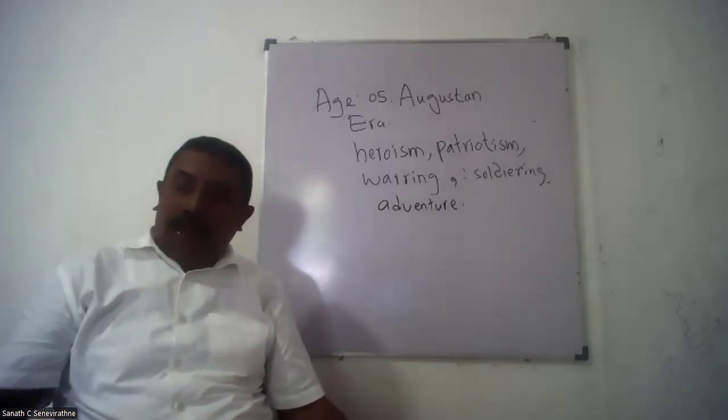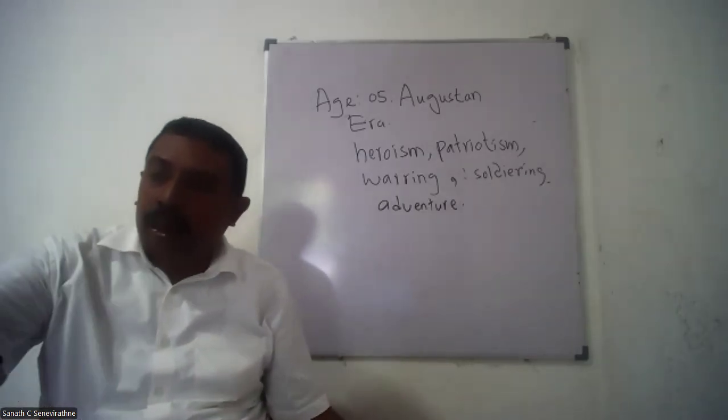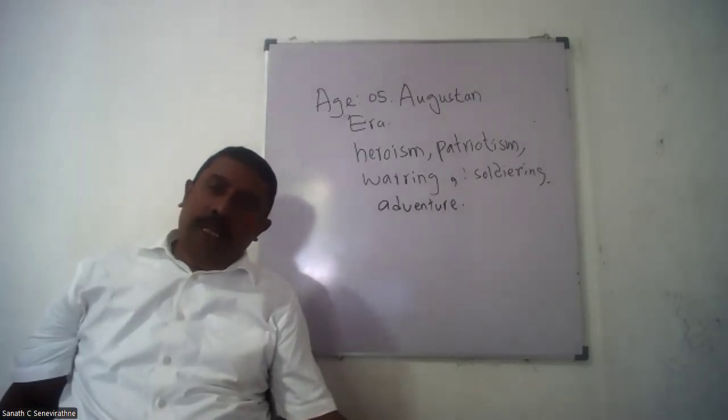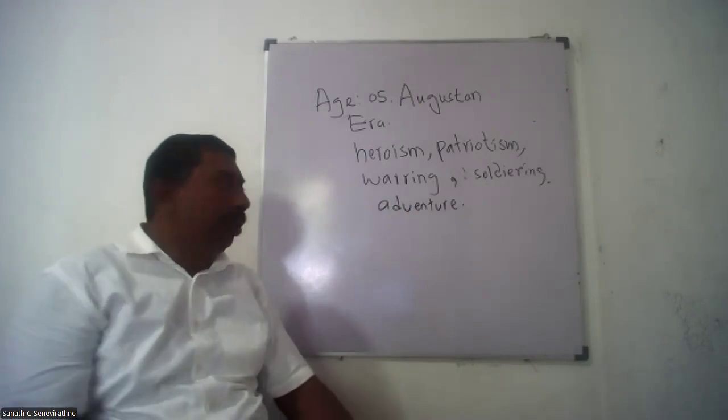Now, the very first English novel, as I said, is Robinson Crusoe, written by Daniel Defoe in this period.